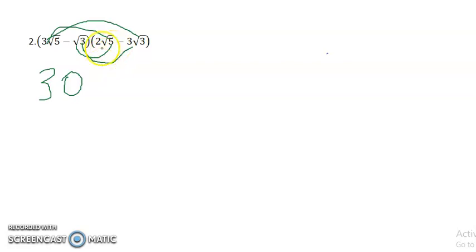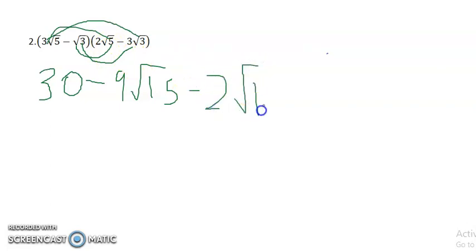The root of 5 multiply minus 3 root of 3. You get minus 9 root of what? 15. This is because 3 multiplies minus 3 gives minus 9. Then 5 multiplies 3 gives you 15. Root of 15. Now, minus root of 3 multiplying 2 root of 5. So we get what? Minus 2 root of 15.